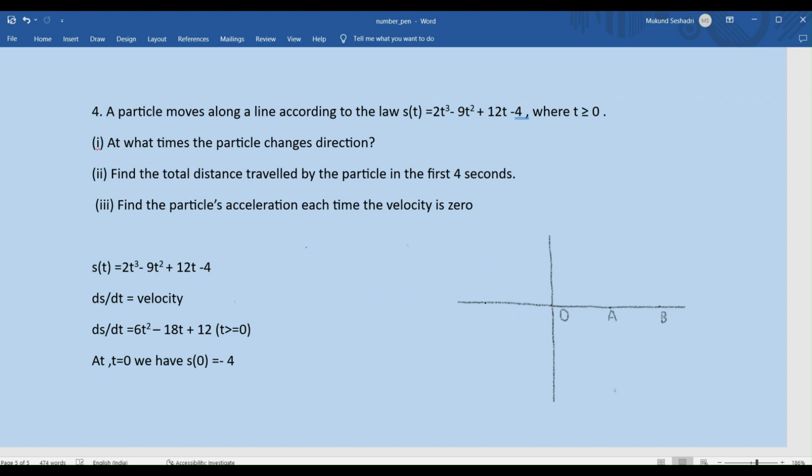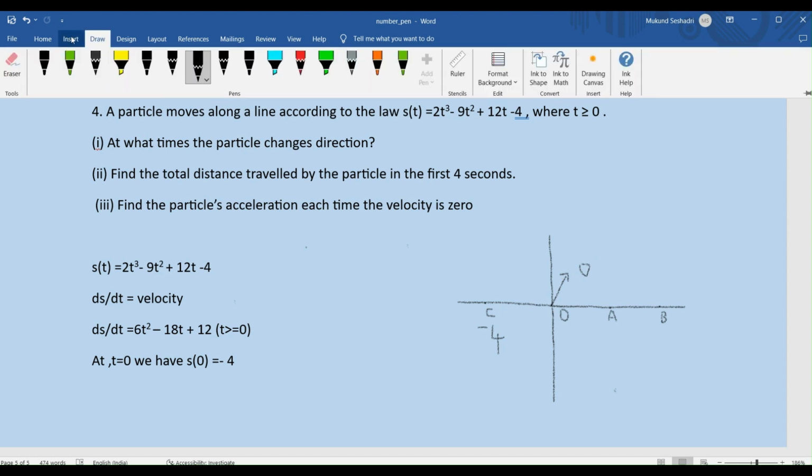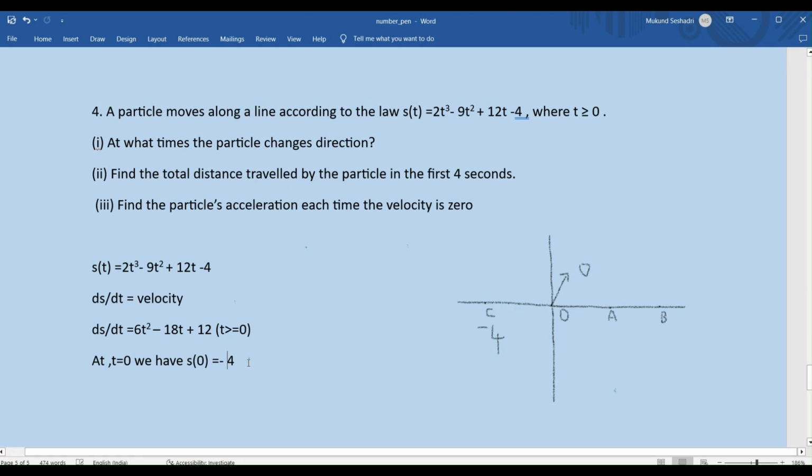Let me denote this point as C, and let's denote this point as minus 4, and 0 being the origin. So O being the origin here. Let me just highlight this origin. So we go back to the equation. The particle at time 0 is at C, which is minus 4 from the origin.